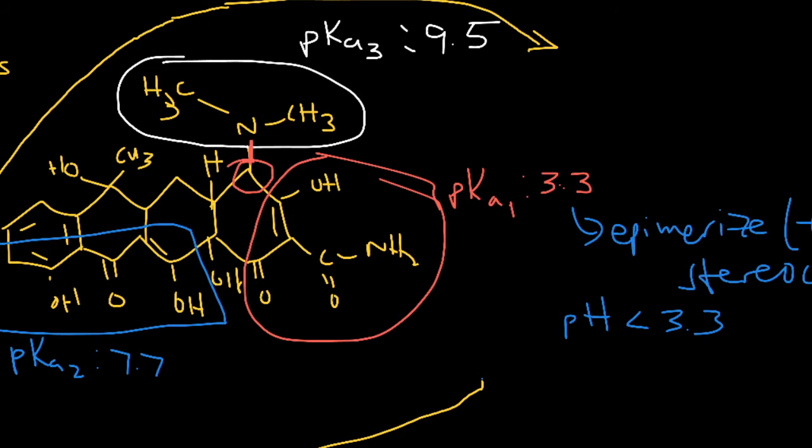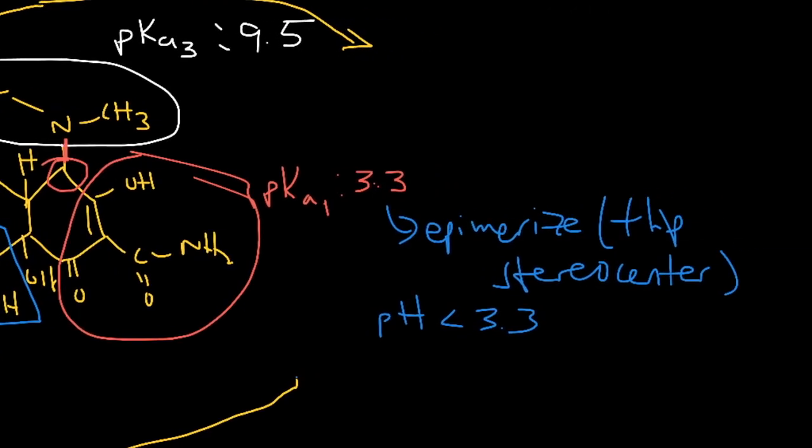So at pH less than 3.3, the bond between carbon and nitrogen flips from a wedge to a dash. That's called epimerization, and this results in an inactive drug.